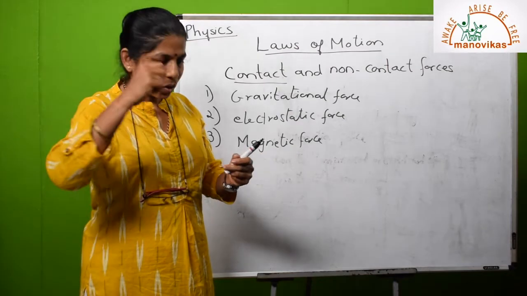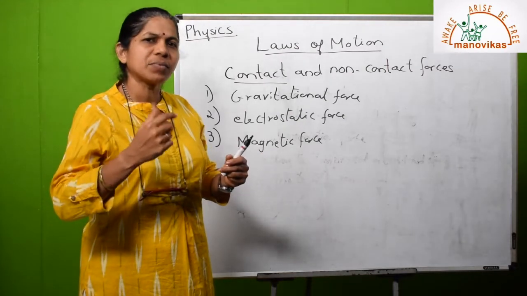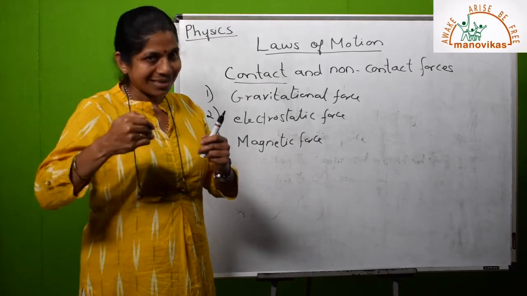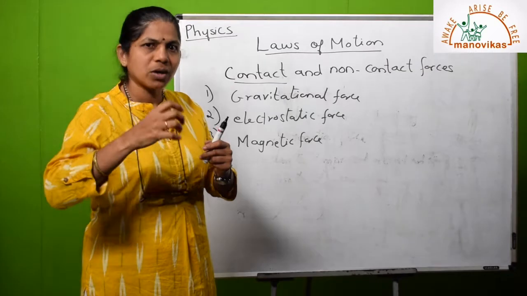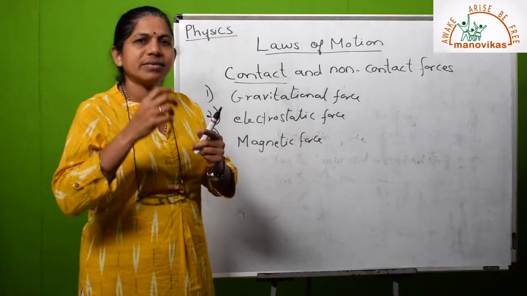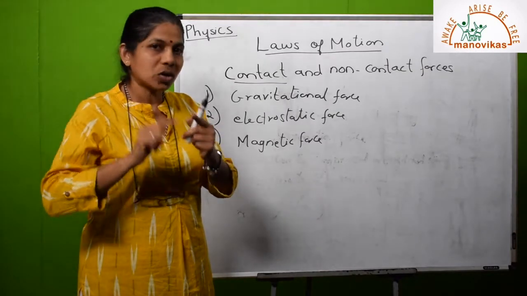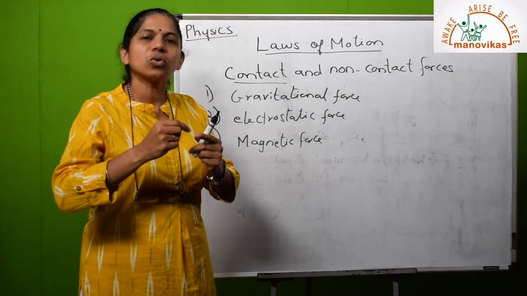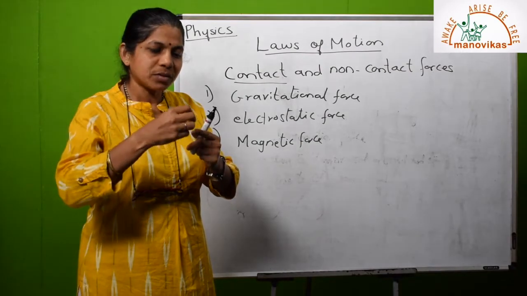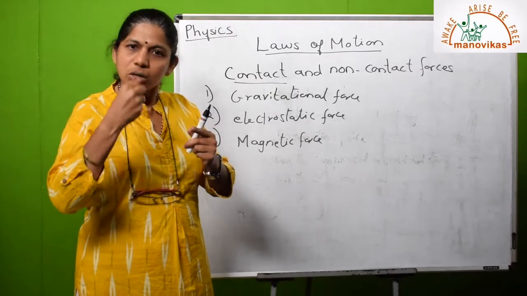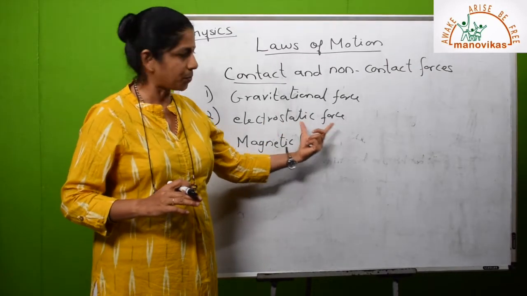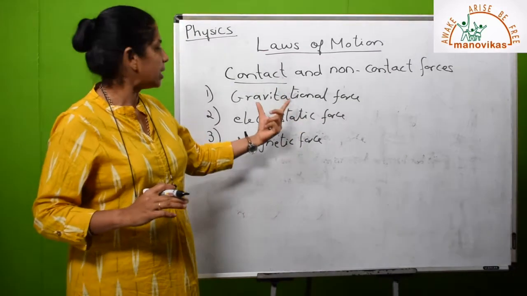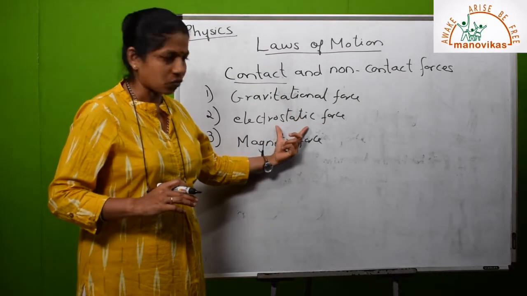The moment you bring it close to paper bits, you find there is an opposite charge to that of the comb being developed on the paper. So due to these opposite charges, initially they are not in contact. The moment you bring it closer, the papers will get attracted to the comb. That is due to electrostatic force. Again, it is a type of non-contact force.